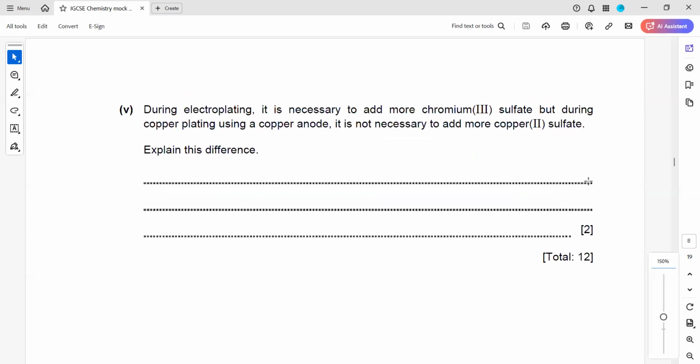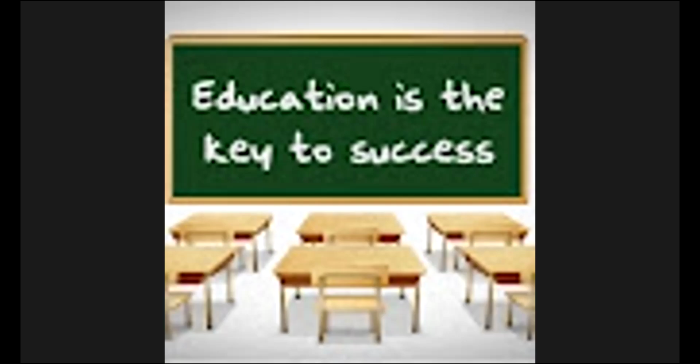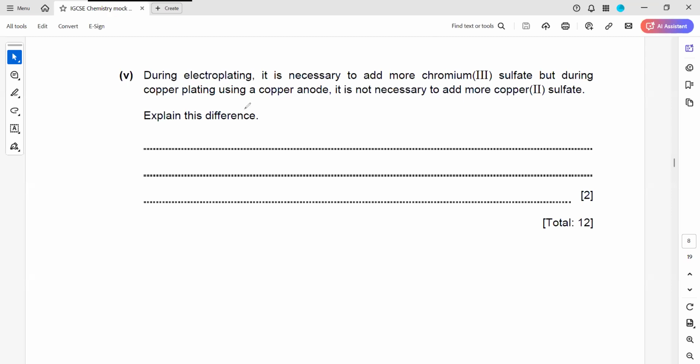The next is: during chromium electroplating, it is necessary to add more chromium 3 sulfate, but during copper plating using a copper anode, it is not necessary to add more copper sulfate.